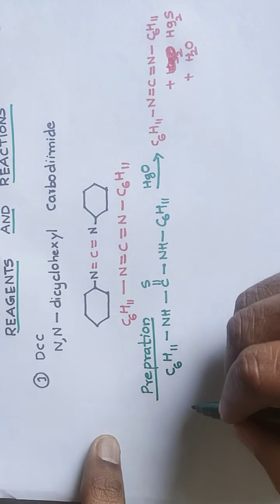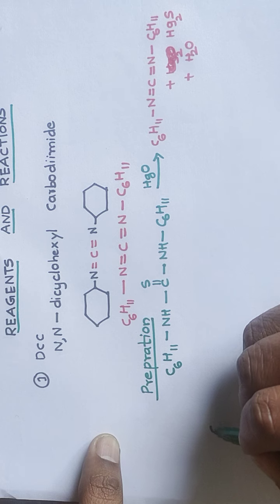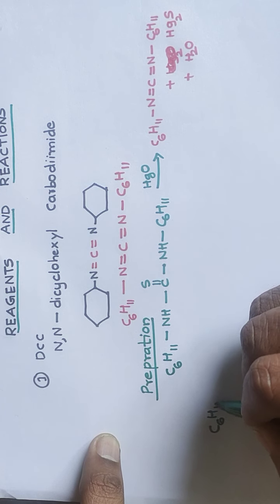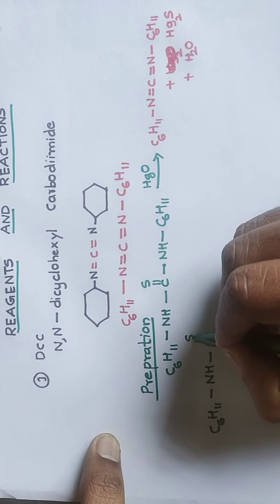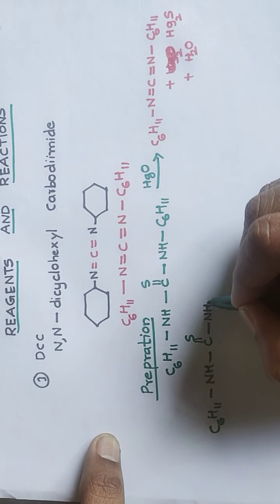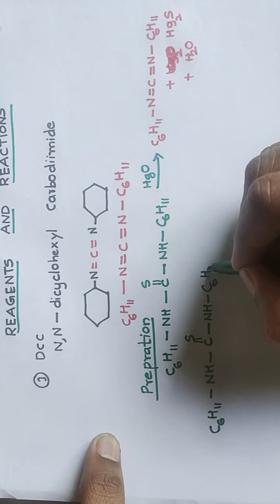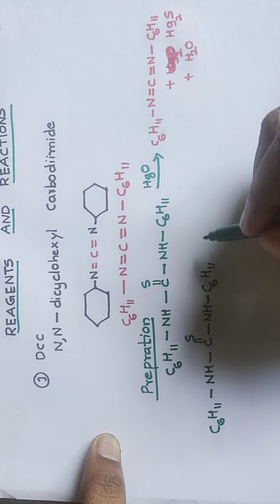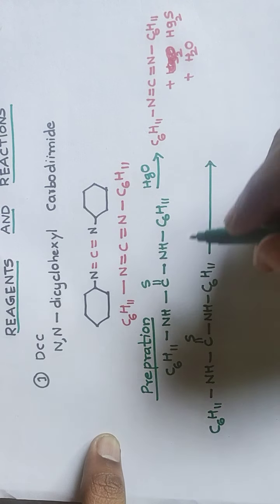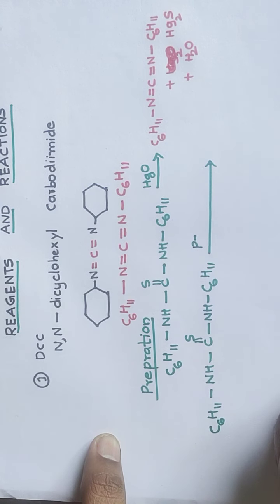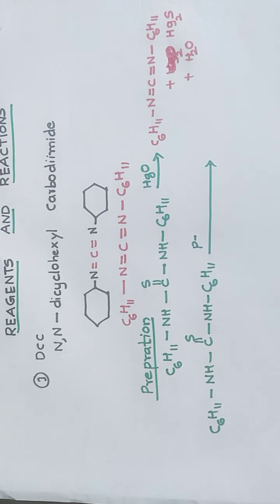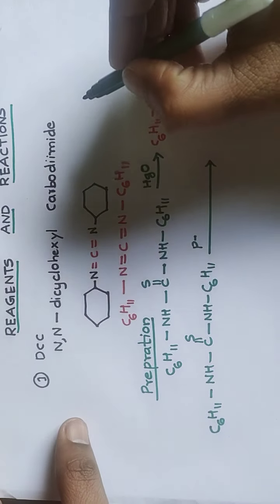So if you have C6H11 NH C double bond S NH C6H11, if you treat this molecule with para-toluene sulfonyl chloride, I will just draw the structure.